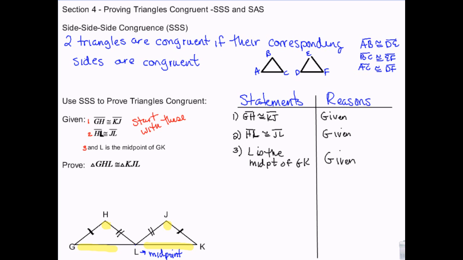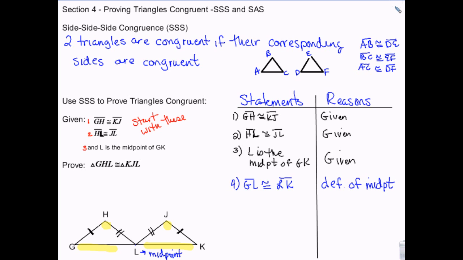Anybody remember the definition of midpoint? It's the middle of the line, right? That tells me that GL is the same length as LK. That's the definition of midpoint. So you'll be given some statements.